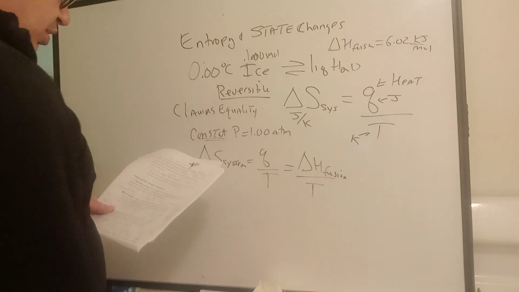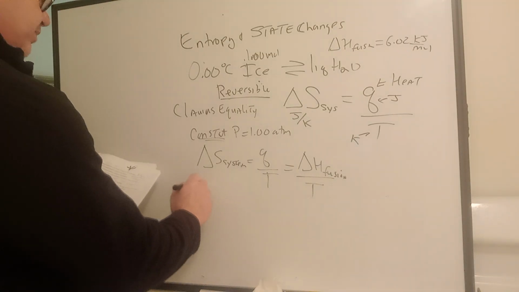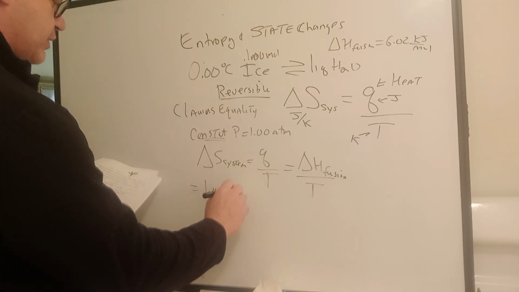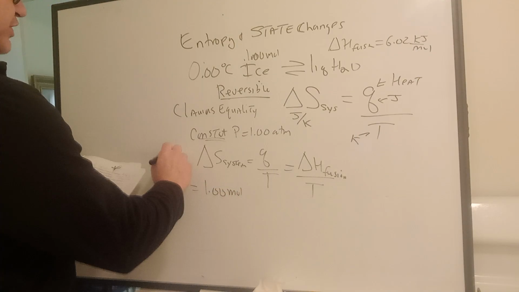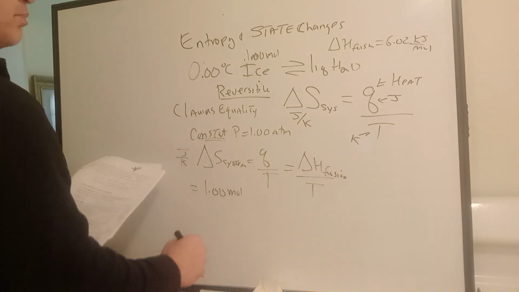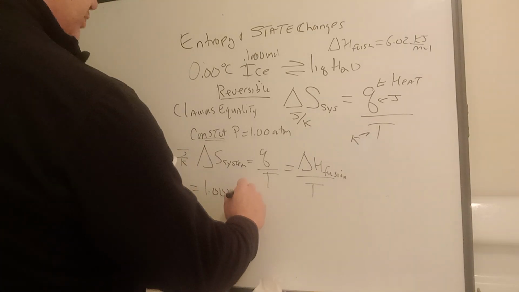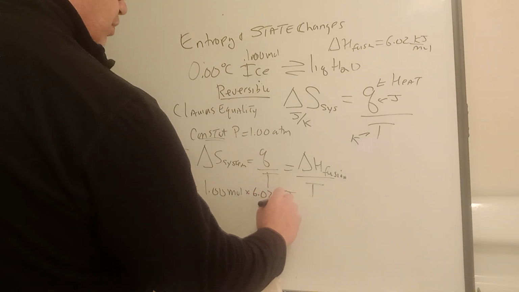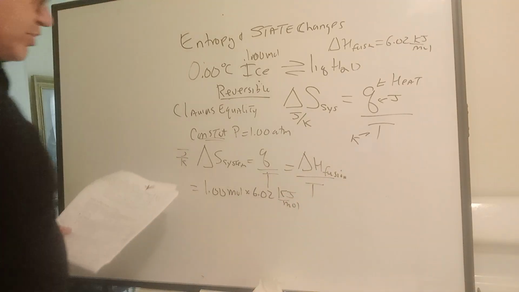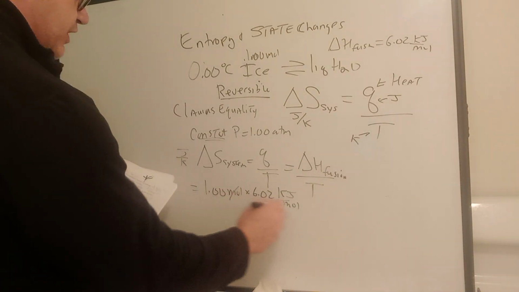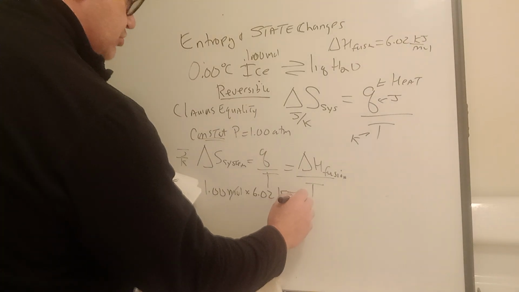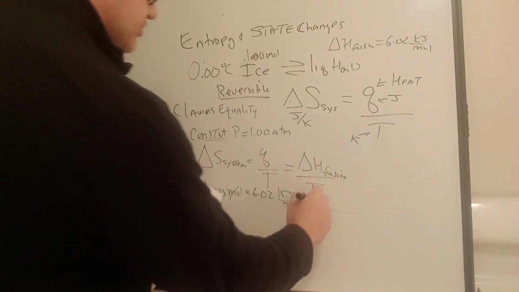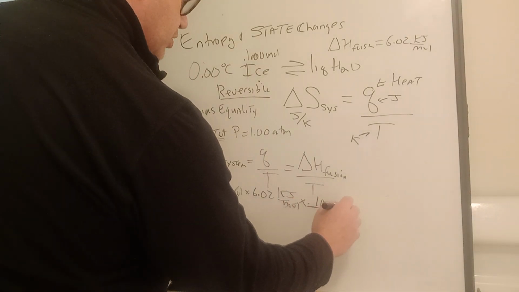Now what we put in is 1 mole in the numerator, and because we're trying to get this ultimately in joules per Kelvin, 1 mole of ice, and then we have 6.02 kilojoules per mole. We have to get our units right. The moles will cancel, that's great. Let's convert it into joules, which is what the problem asks for. So there's 1,000 joules per kilojoule.